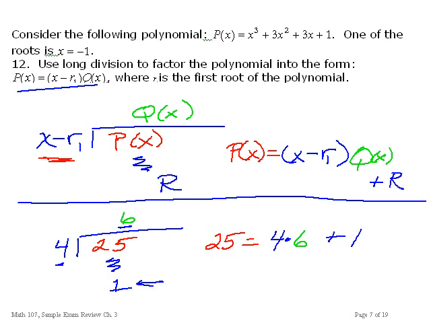Okay, you see how that goes? The 25 equals 4 times 6 plus 1. P of x equals x minus r1 times q of x plus the remainder.